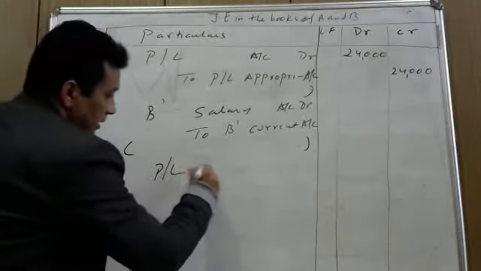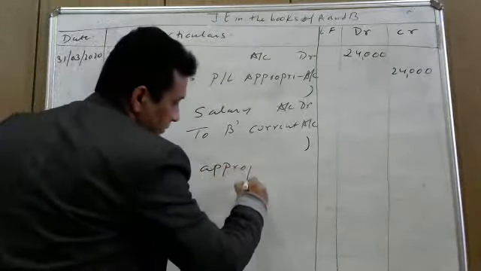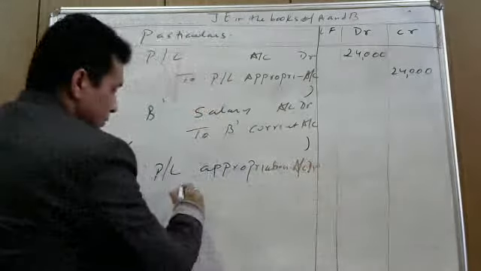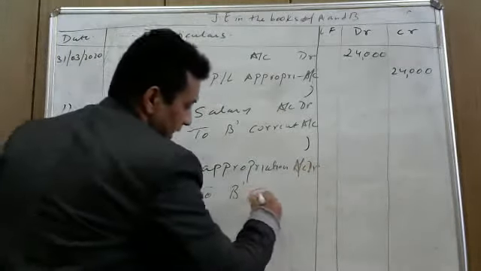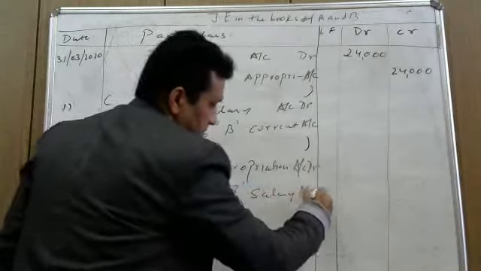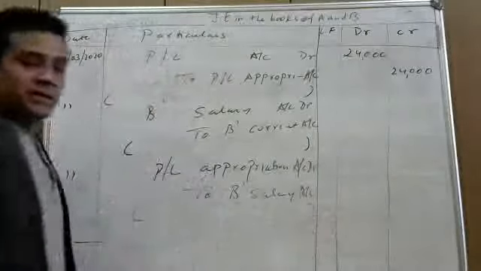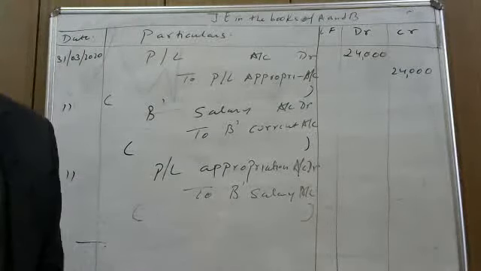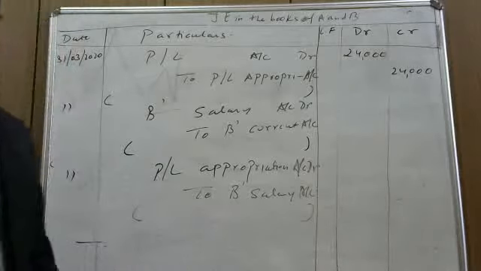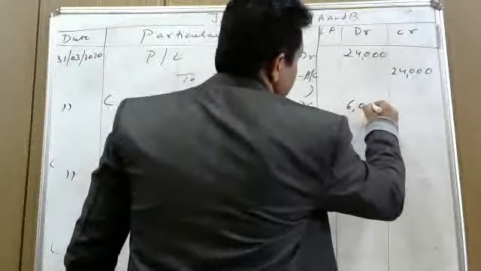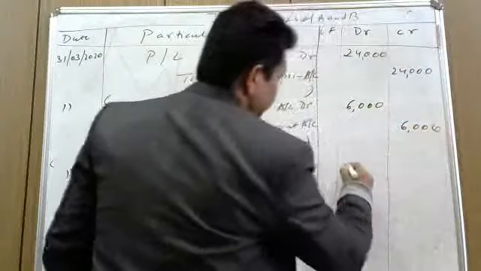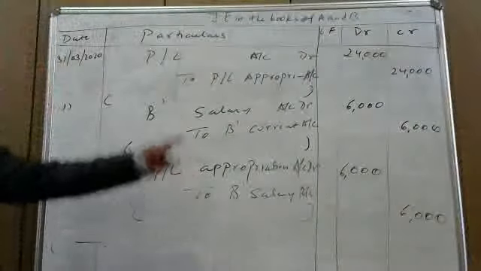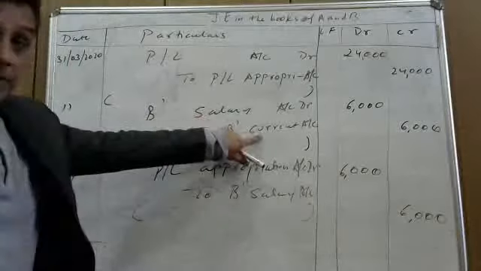The next entry: PL appropriation account debit to B's salary account, being salary transferred to PL appropriation account. The amount is 6,000. We are providing 6,000 salary to B, and the same amount will be transferred to the PL appropriation account, deducted from the profit. This is the first entry.